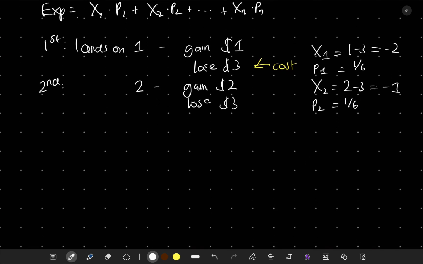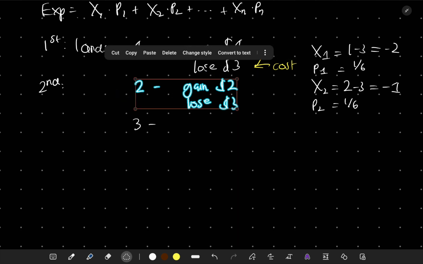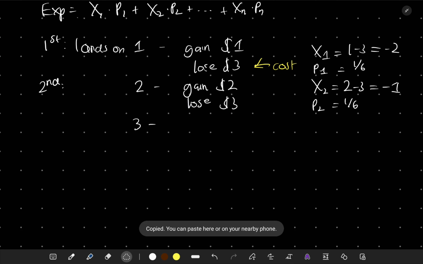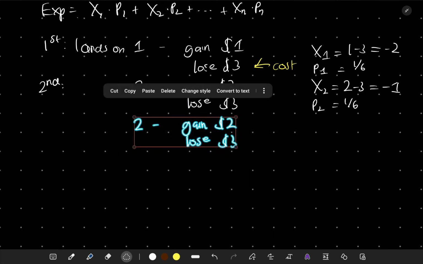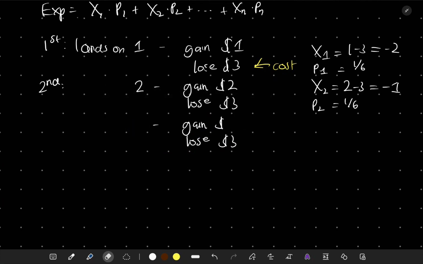I'm going to speed it up a little bit, because we can basically do the same thing for the rest. So I'm just going to copy it, and then we'll see what happens. Then I'm going to erase this. So let's say I rolled a 3. Then I would gain 3 but lose 3.